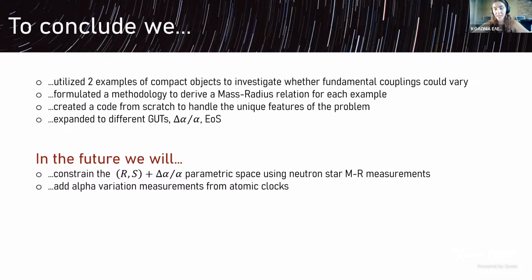And then one more thing that we can do is, on the other hand, constrain the mass radius relations of neutron stars using alpha variation measurements. So these measurements from atomic clocks to give us more accurate profiles for the mass radius relation of such objects.